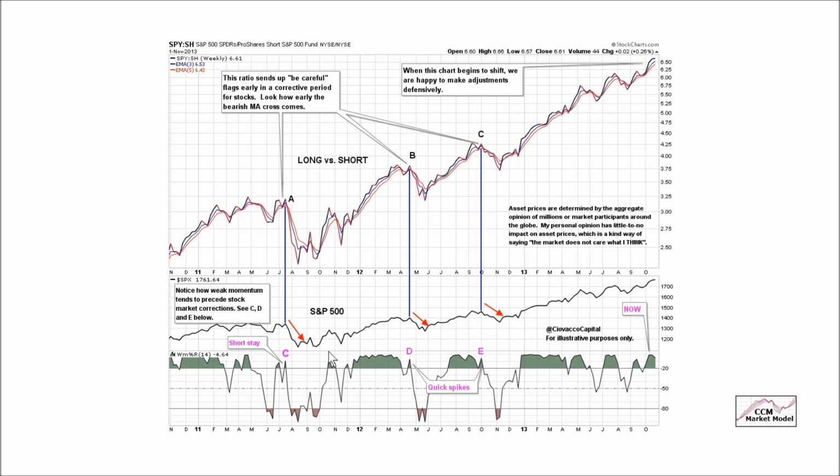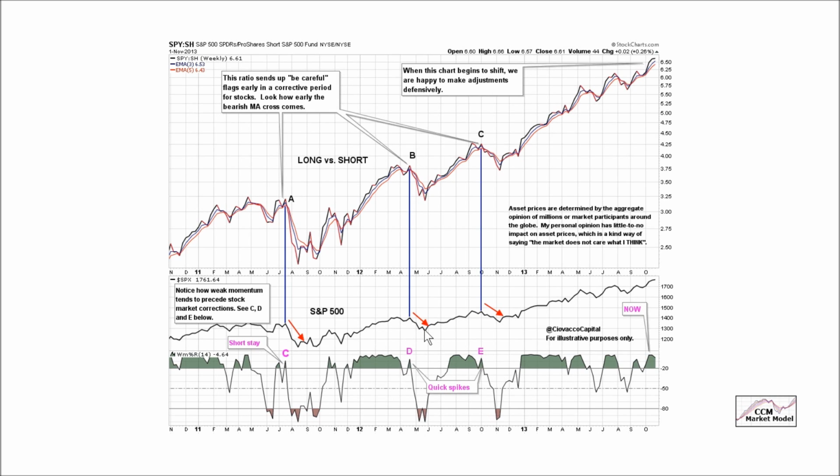Point of the exercise now from a twofold perspective. Good things tend to happen when momentum is in overbought territory or above negative 20. Above, good things tend to happen in the stock market. The probability of bad things happening increases when you start to drop out of overbought, as we did here.